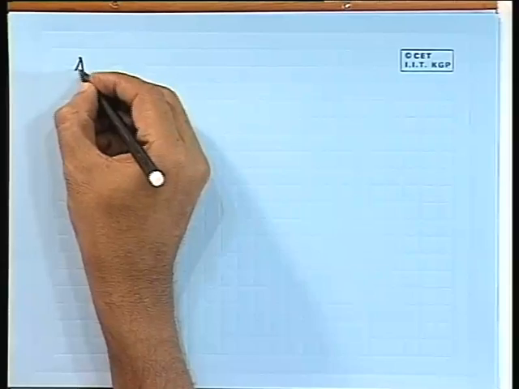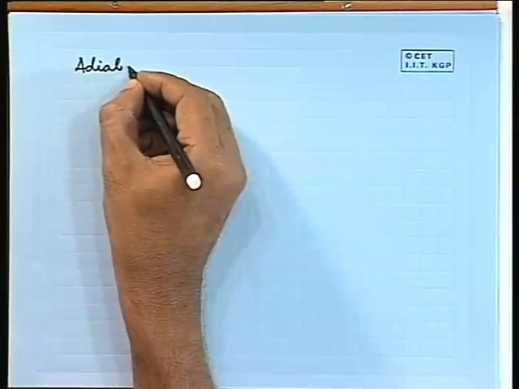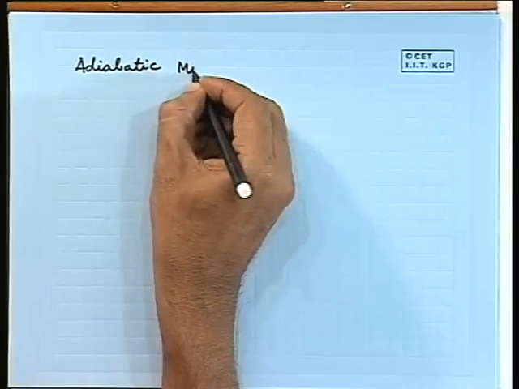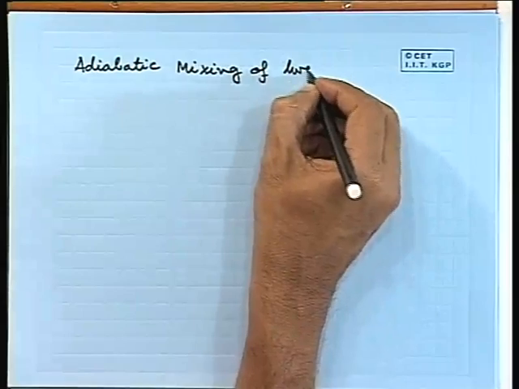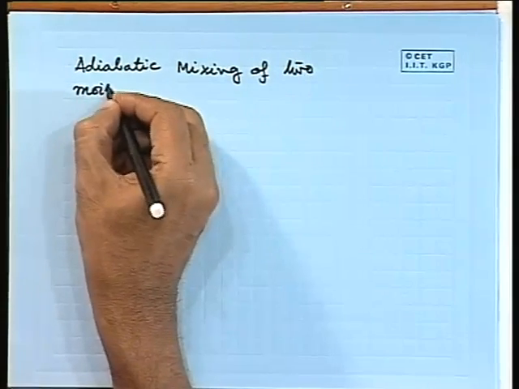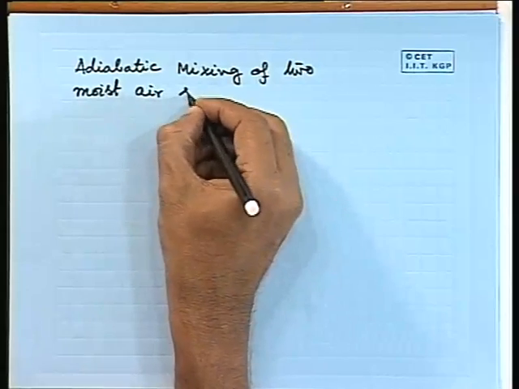So, these are the basic psychrometric processes, and there are methods of achieving them, and there is a small amount of mathematics which can be used for analysis of all the processes. But there is another process which has not been shown here, which is very important: adiabatic mixing of two moist air streams.